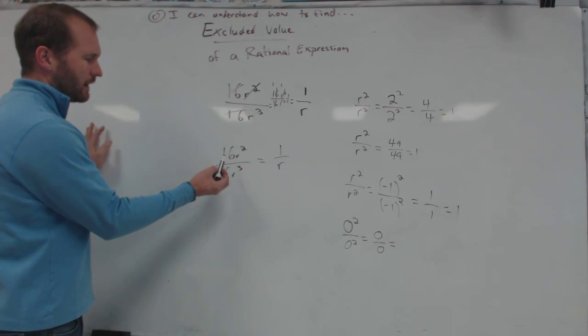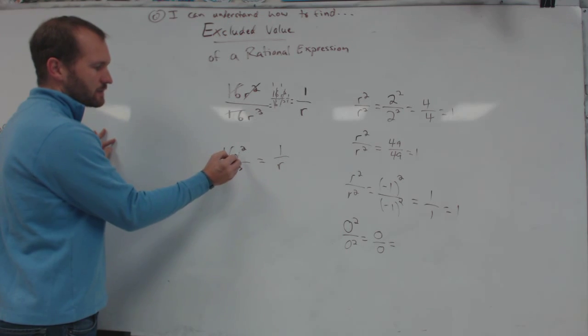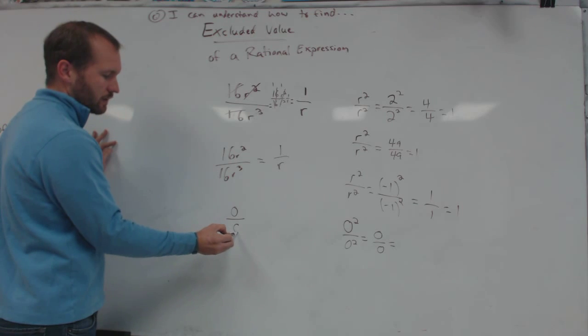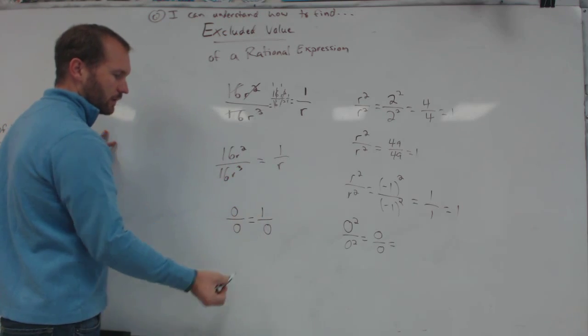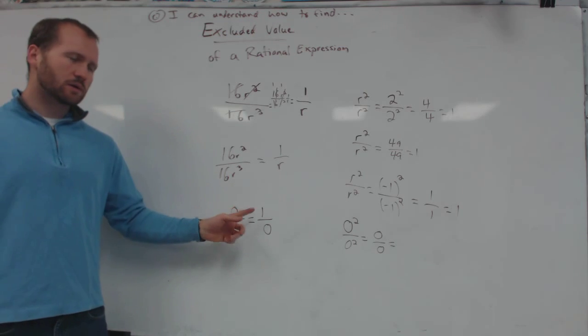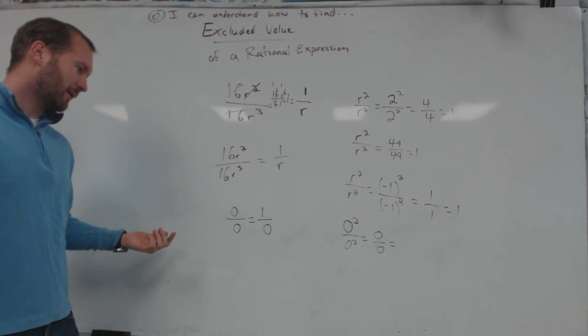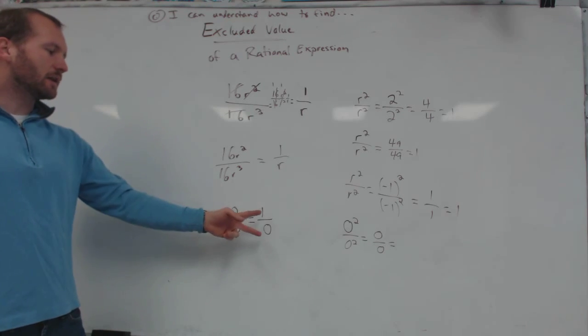Watch what happens. If I have 0 here, 16 times 0 squared is 0. 0 down bottom is 0. But this would be 1 over 0. Is 0 over 0 equal to 1 over 0? We're not really sure actually about that one, because they're both sort of undefined. But no, these are not equal.